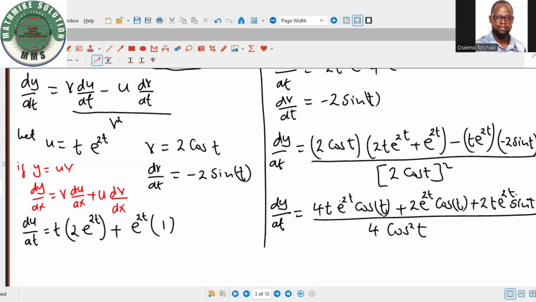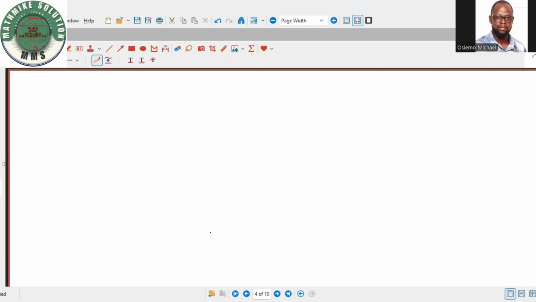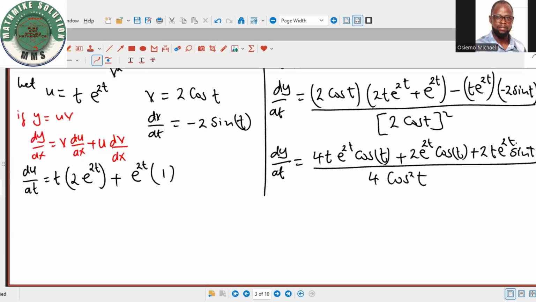So let us look at another example. The final example in this one. Example, you've been given y is equal to tan ax.